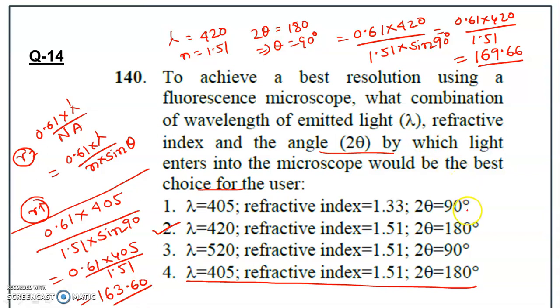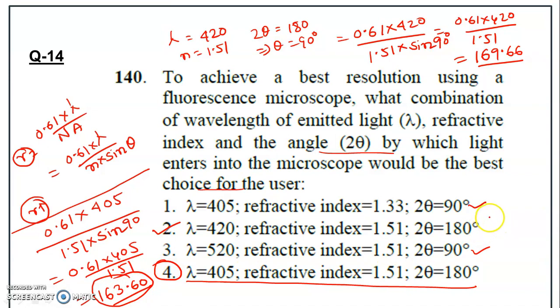You can also calculate the other option with sine 45, where theta equals 45. In that way you get that the lowest value is in case of option 4, which is 163.60.